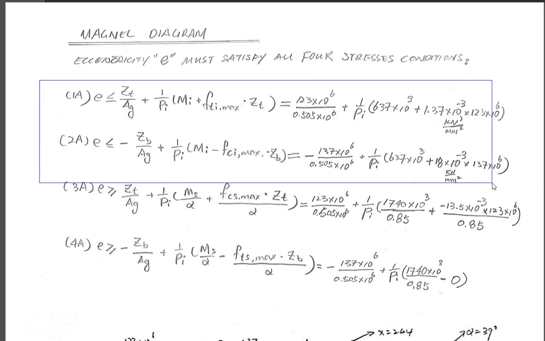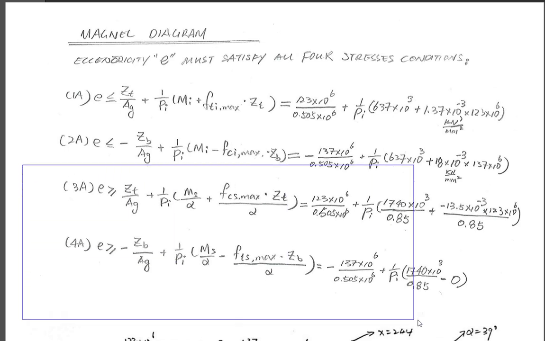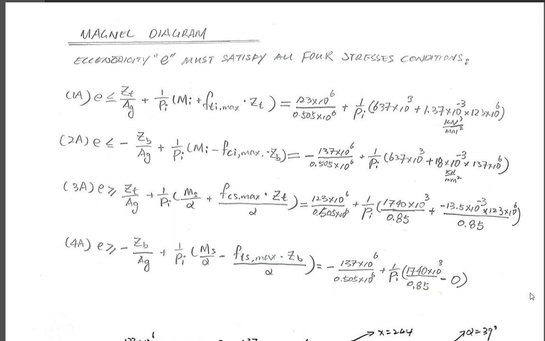So this is when the prestressing force is loaded into the element, and this is when the element has been in service, such as the live load, vehicle loads, and so forth.